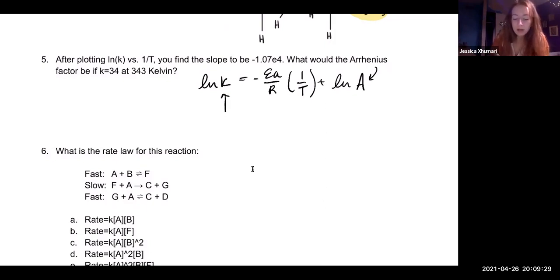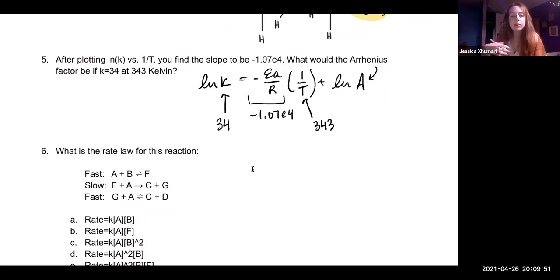So K here, we're given is 34. This entire thing here, which is considered the slope, because this is kind of a y equals mx plus b format, is going to be negative 1.0784. And then the temperature is 343. And that allows us to just simply solve for the Arrhenius factor, okay?